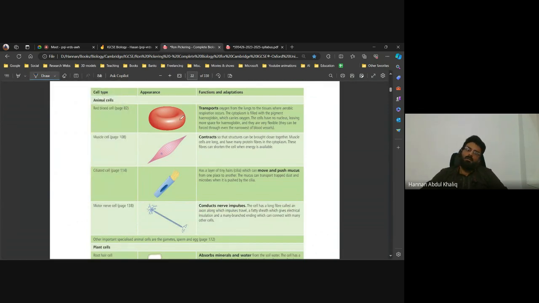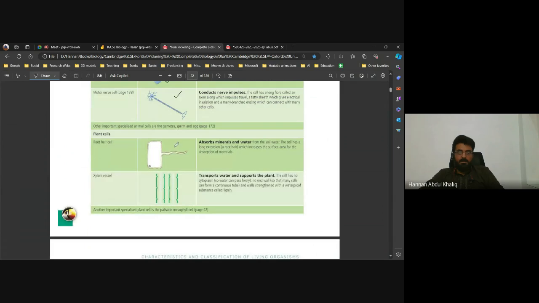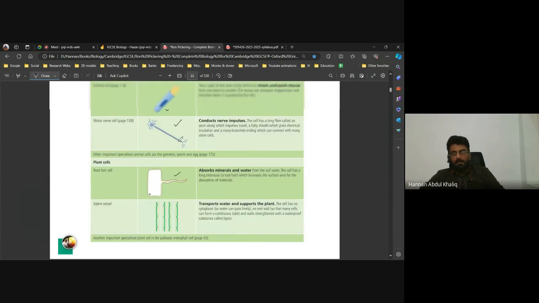The red blood cell, the muscle cell, the ciliated cell. These ciliated cells are found in our trachea, the windpipe, the brain cell, the neuron. Similarly, in plants, the root hair cell. So we will be discussing each and every one of them, the root hair cell and the xylem cell.